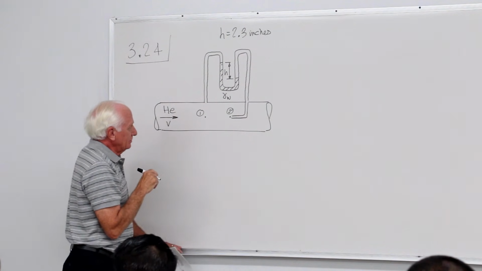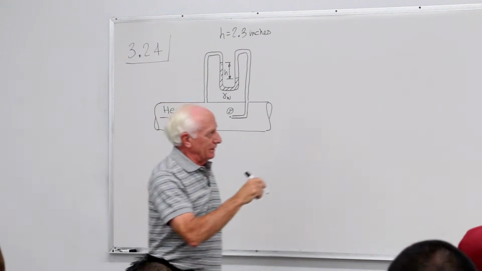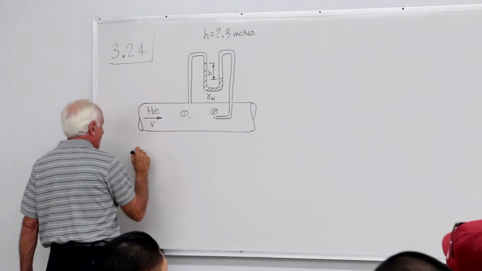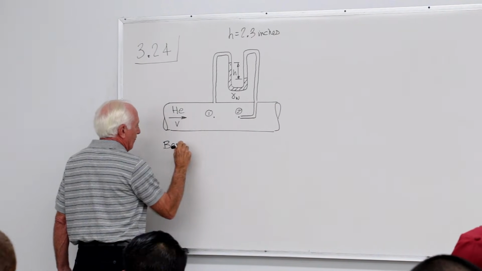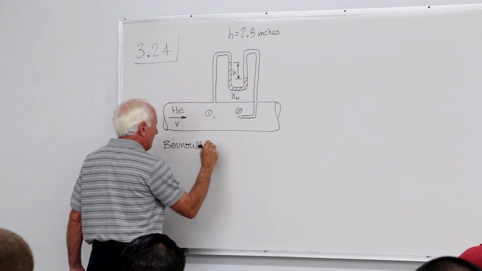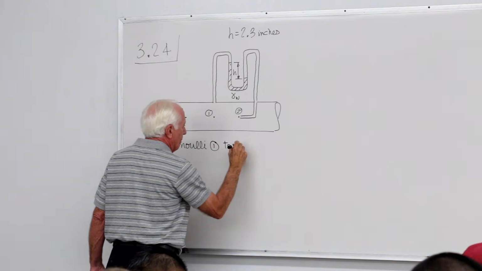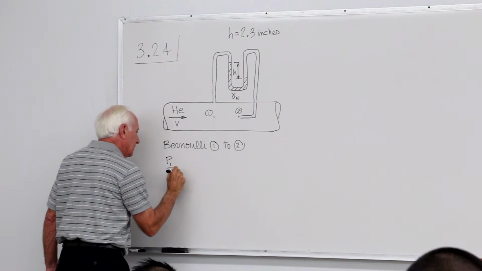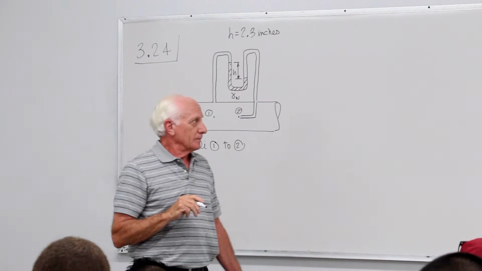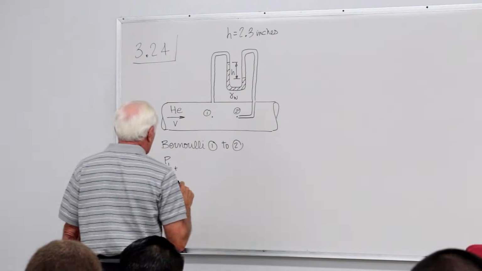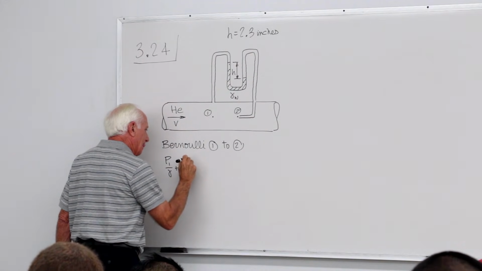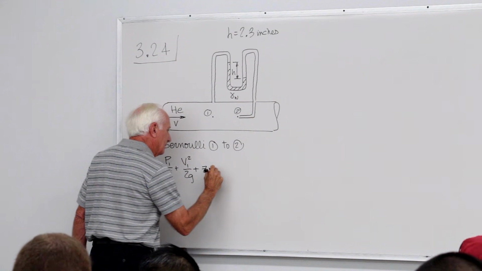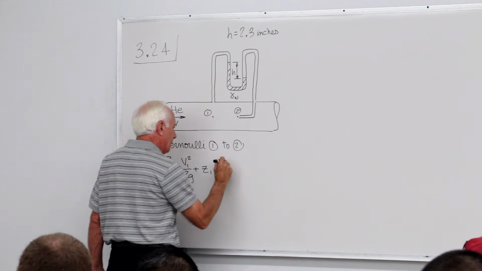Okay, now I'm going to write that Bernoulli equation from point 1 to point 2, P1 over gamma plus V1 squared over 2g plus Z1, equals the same at point 2.